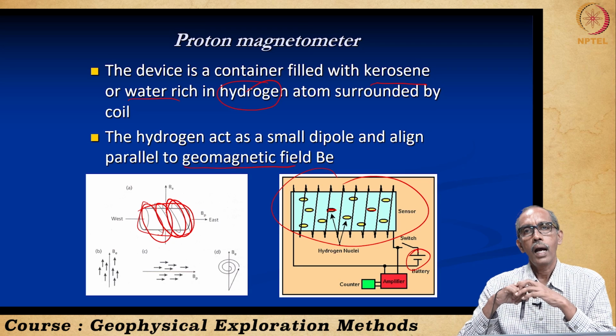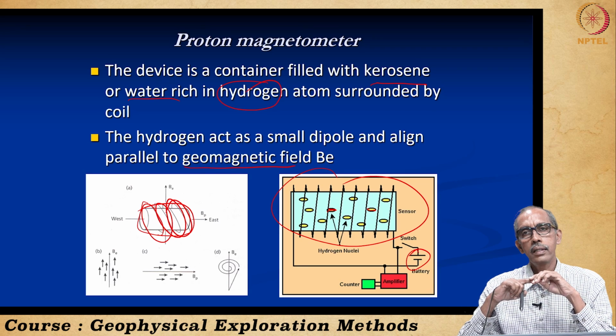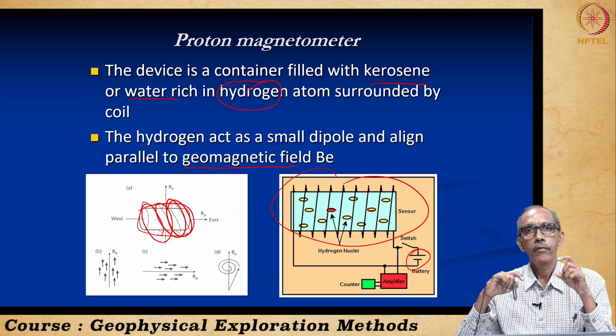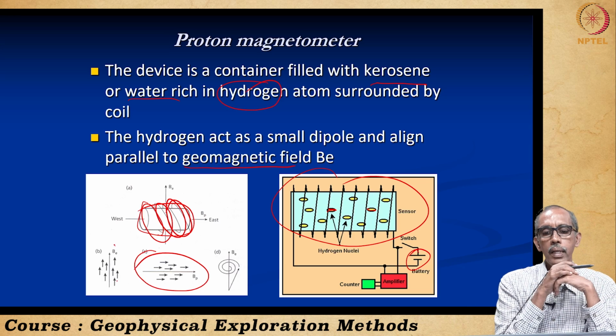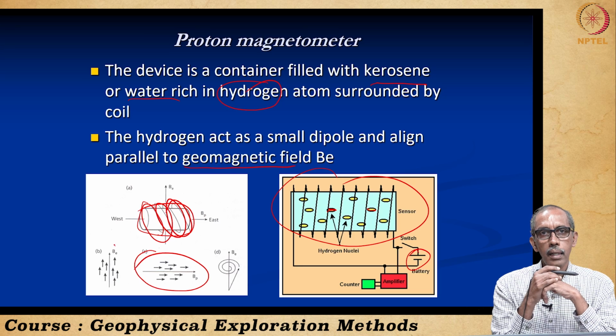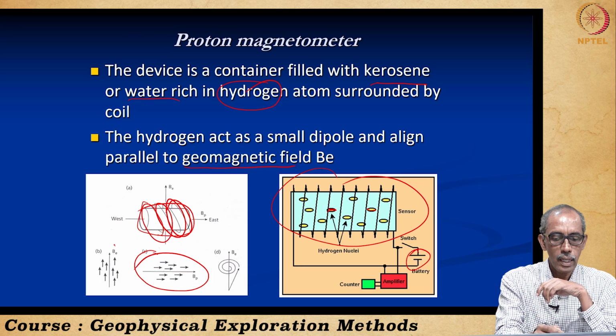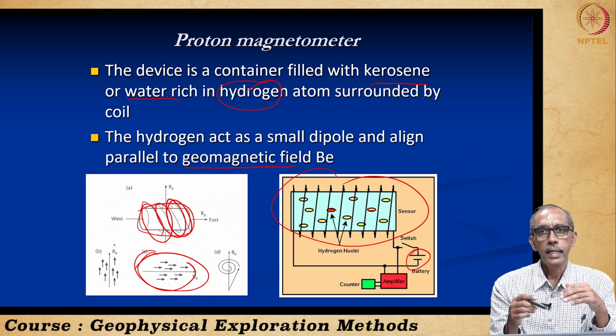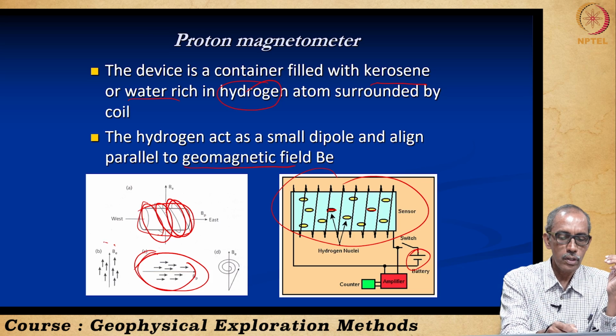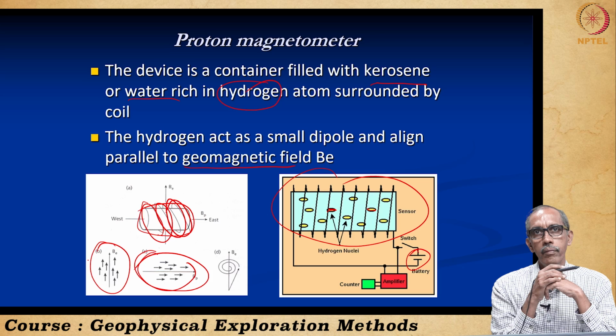and when you apply the current, their orientation gets changed, as you see in the diagram below, which I have circled. Then when I switch off the current, they try to realign themselves to their original position.